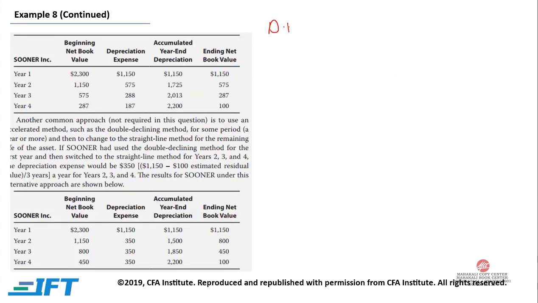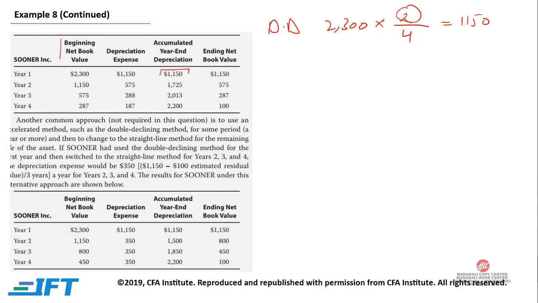Now when we are using double declining, we have 2300, this is our net book value at the beginning of the box machine, multiplied by 2. Now this is the formula because it is double declining, divided by the number of years, that is your 4. So 2300 into 2 by 4 equals 1150, or 2300 multiplied by 0.5 equals 1150.